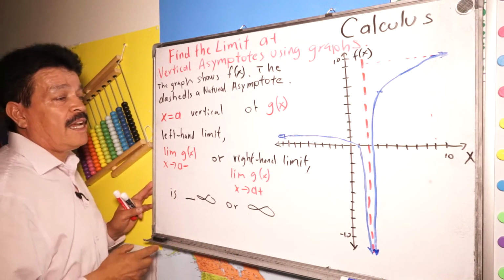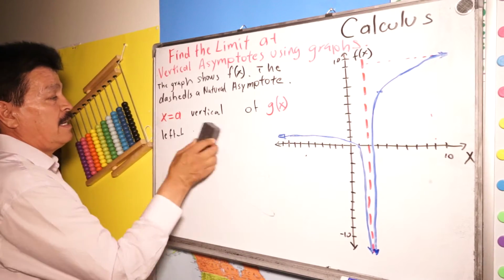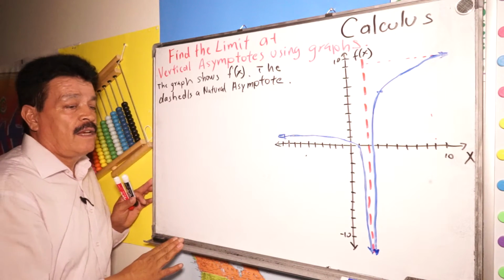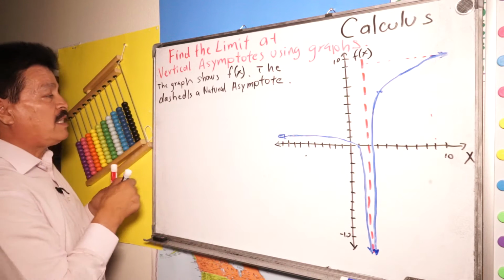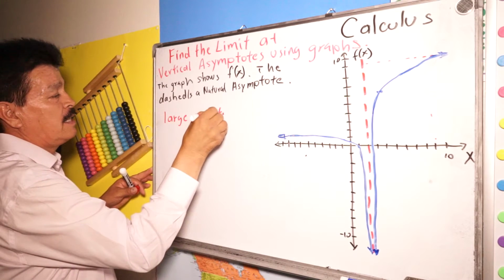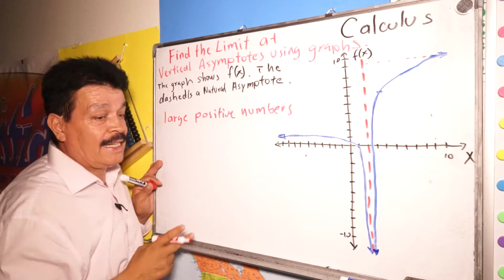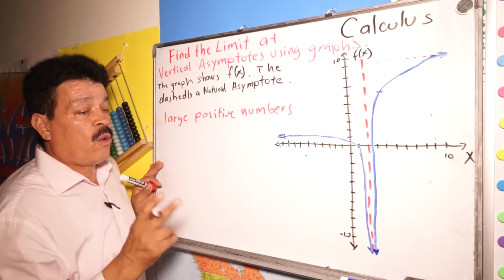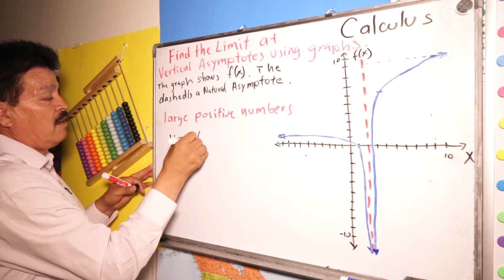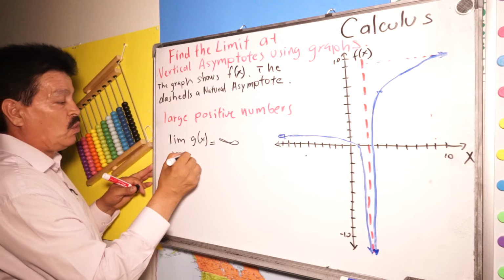If the values of g of x become arbitrarily large positive numbers as x approaches from the right, then we have the answer: the limit of g of x equals infinity as x approaches a from the right.